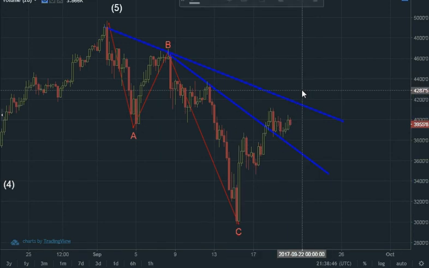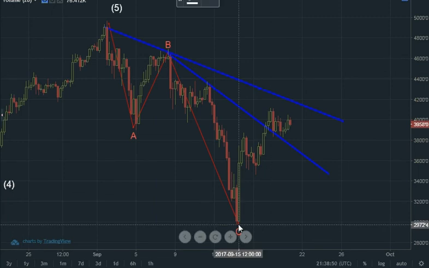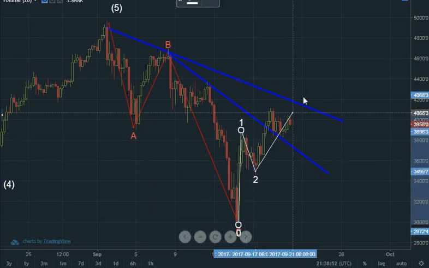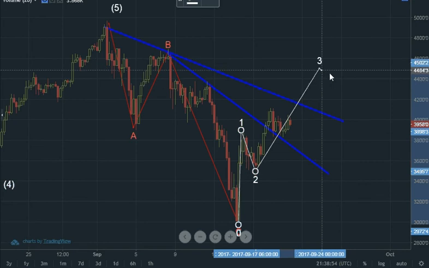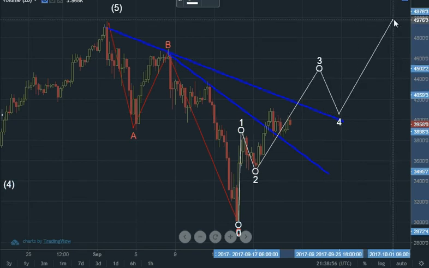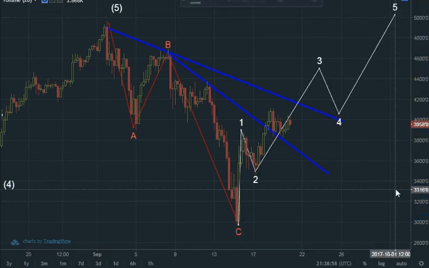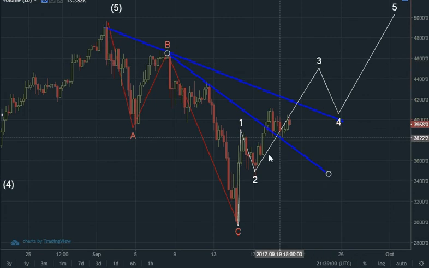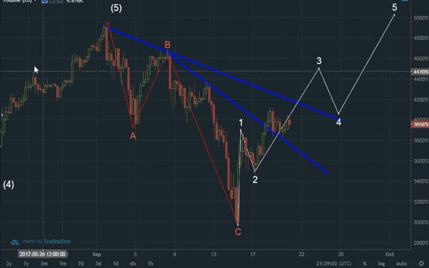Instead, wave 3 is supposed to be this way.